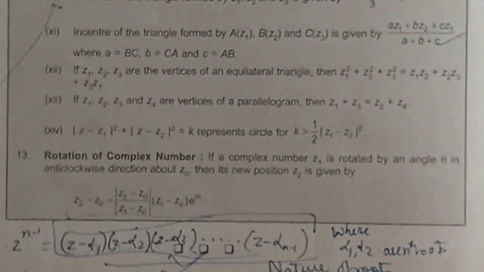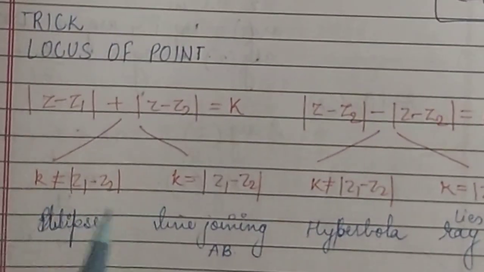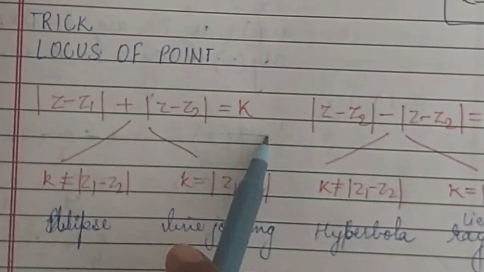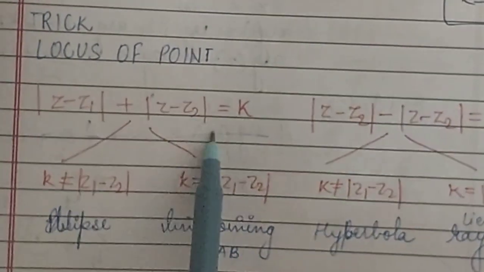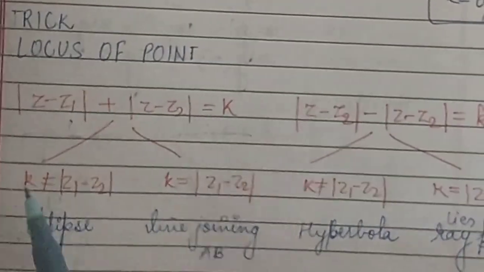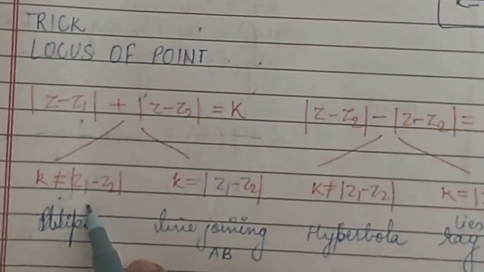So next I will be telling you the trick that I mentioned. This is the trick that I was talking about, like locus of the point. So this is the equation. If you have been given this equation, something like this, then if k is equal to this, you just see what k is given.